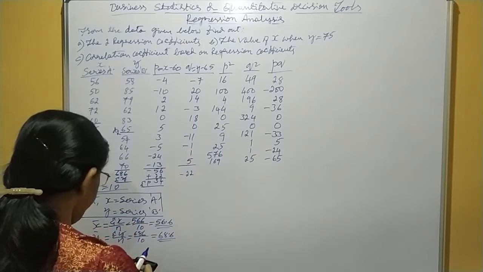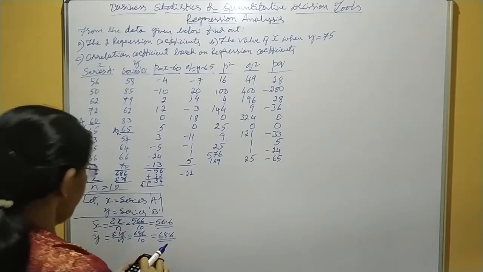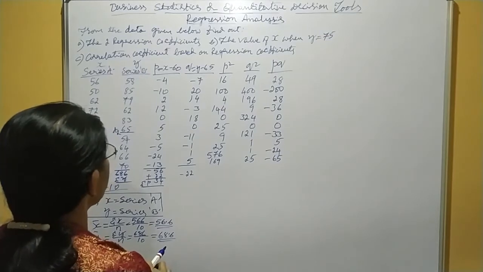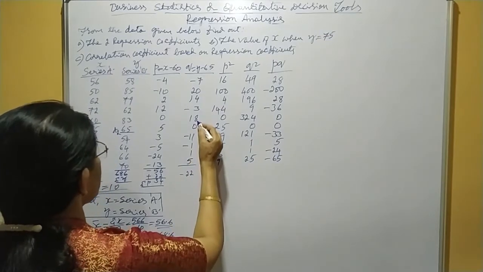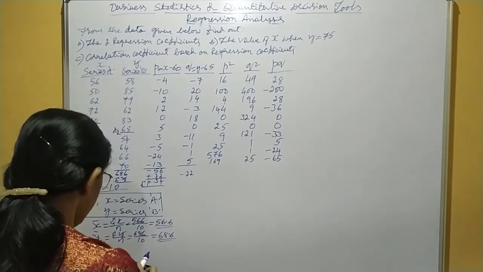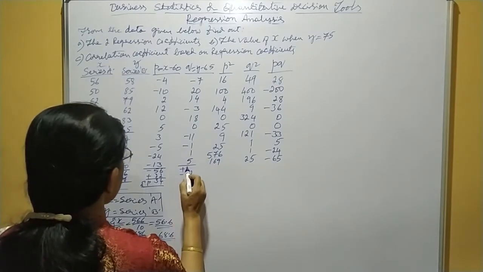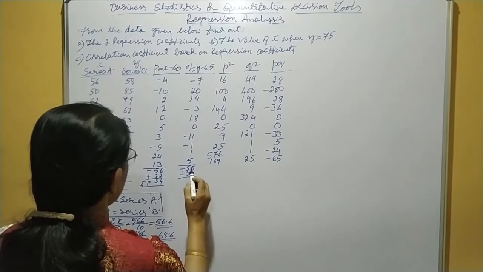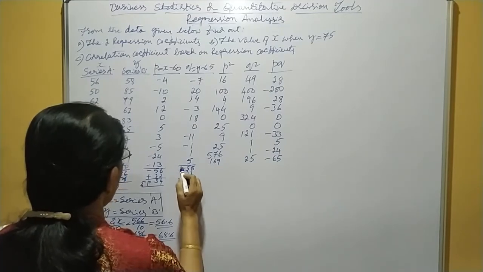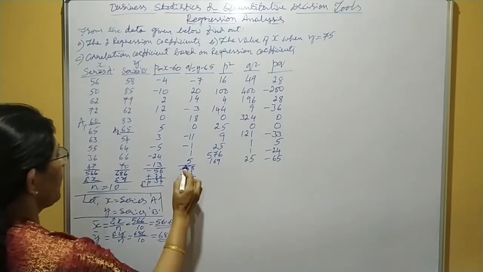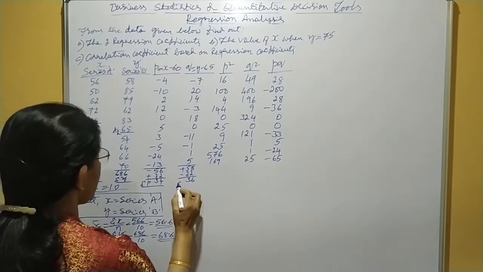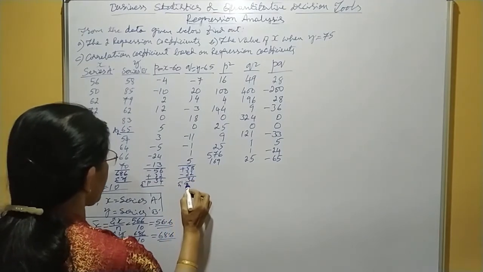Plus values 20 plus 14 plus 18, 19, 24. It is plus 58. Take the difference. Here highest value sign is plus. It is plus 36 is sigma Q.